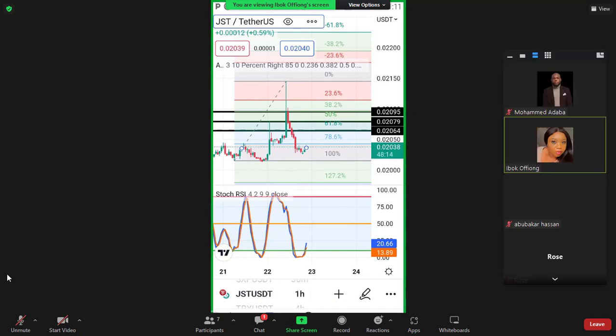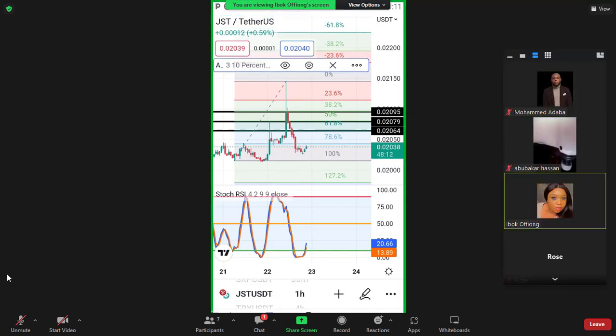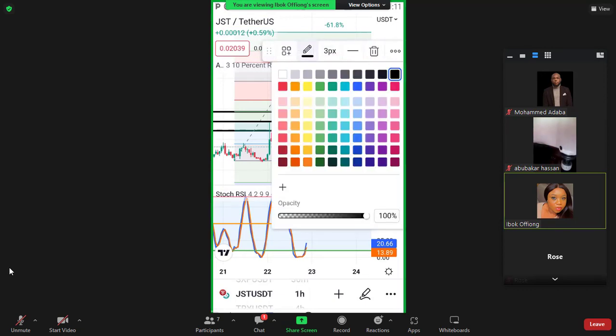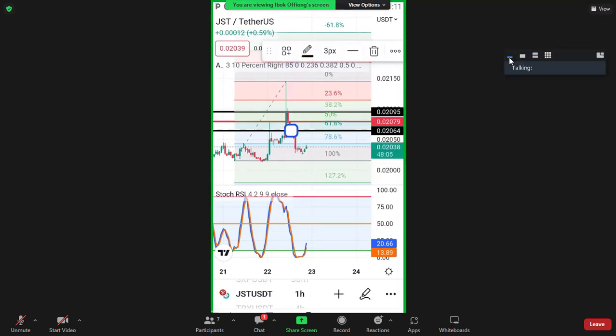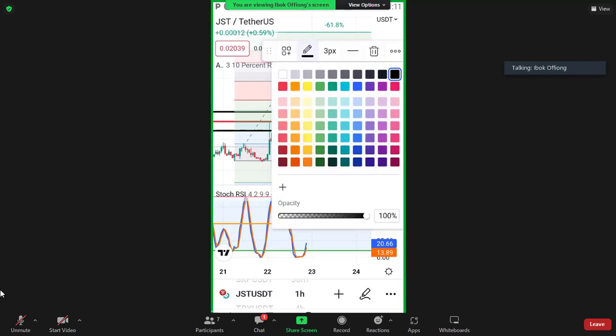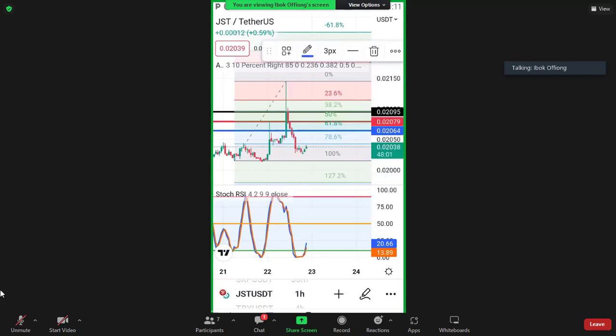Okay, so these are the 3 key areas that you must take note of if you're trading using this indicator. Let me change the colors so that you'll be able to differentiate them. Now, if you see a coin on an uptrend, that is to say a candle has come to touch the 0 line, just like I explained in the downtrend, and is going up to touch that 38, or 50, or 61.